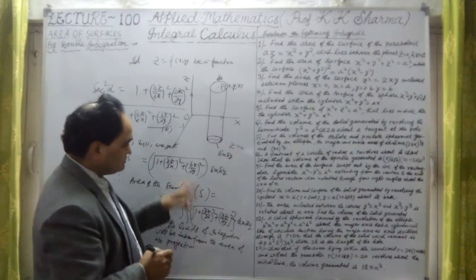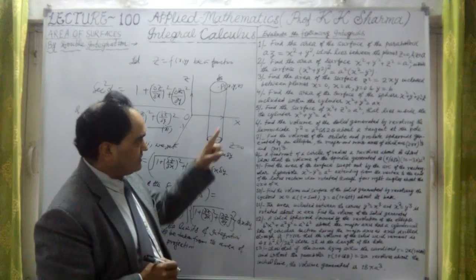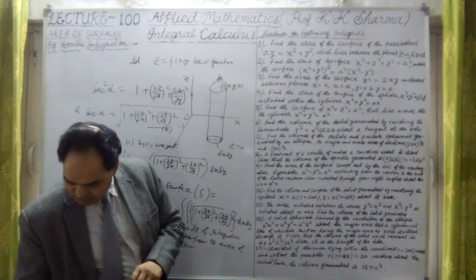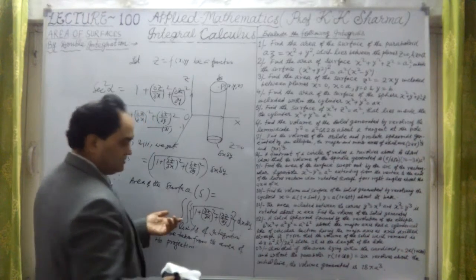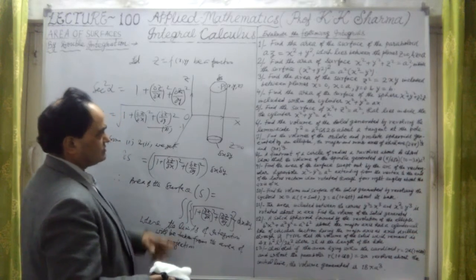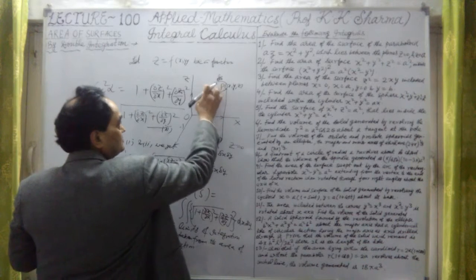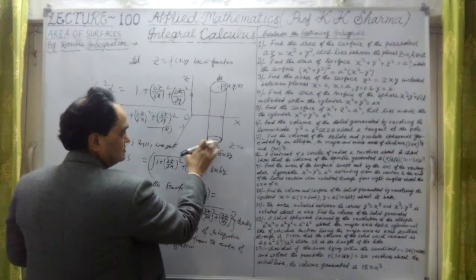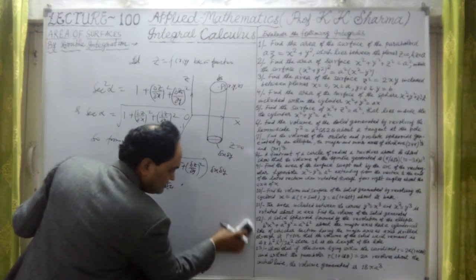Now the questions based on this, from 1 to 5, I have taken from student queries. They are based on this formula only, and the limits are defined by the projection.